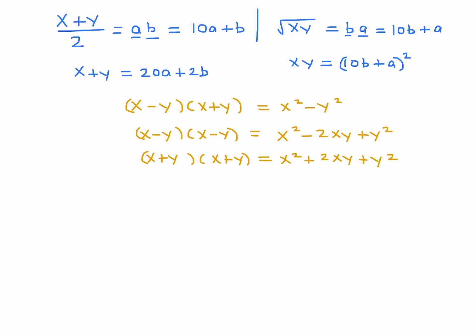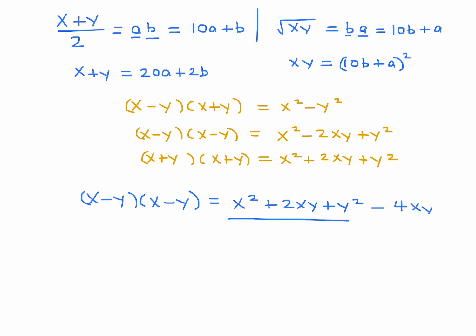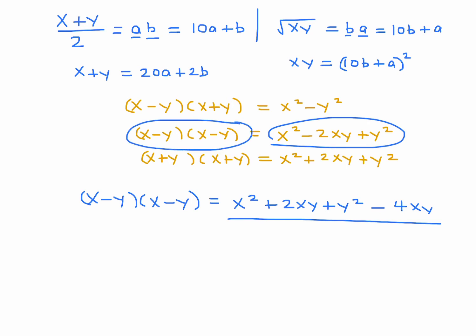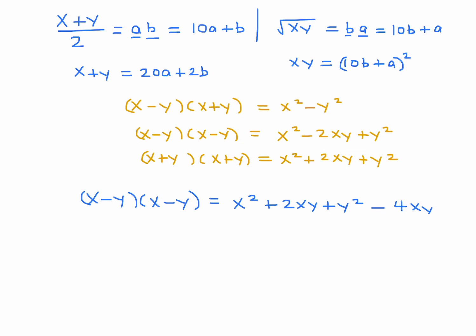So I want x minus y times x minus y. And that would be equal to x squared plus 2xy plus y squared minus 4xy. So that's just a little bit of algebraic manipulation.